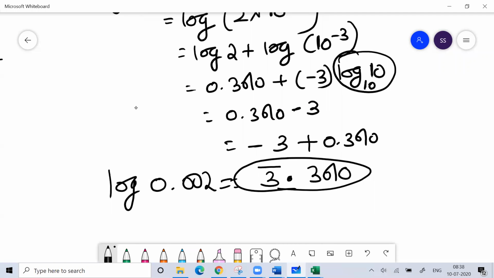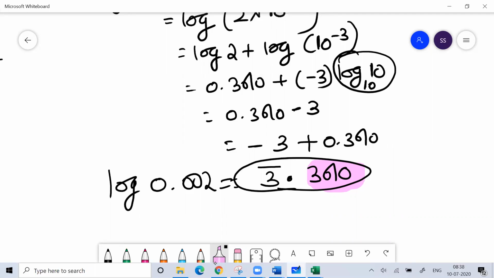So now, if you take any value which is less than 1, you'll get a negative answer. Now you know that the mantissa remains constant. It doesn't matter whether it is log 2 or log 200 or 2 crore or log 0.00 whatever, the mantissa remains constant.